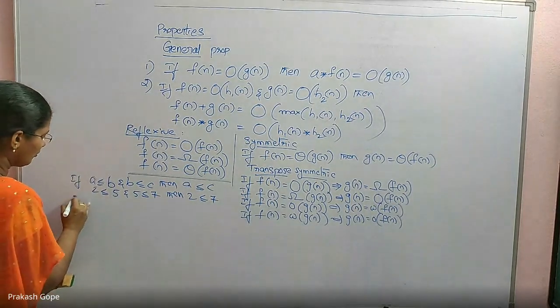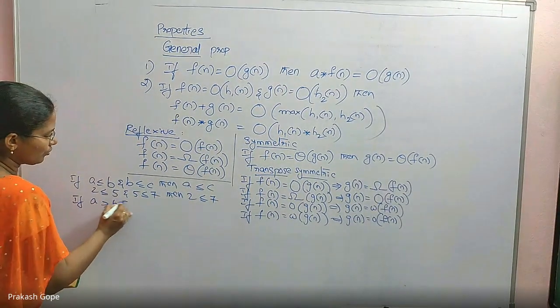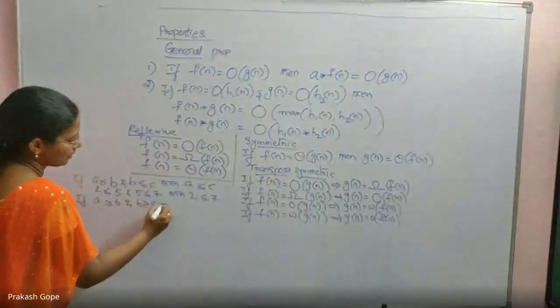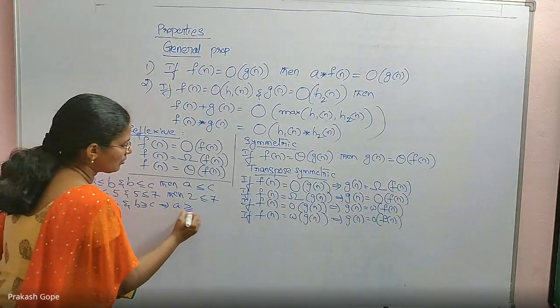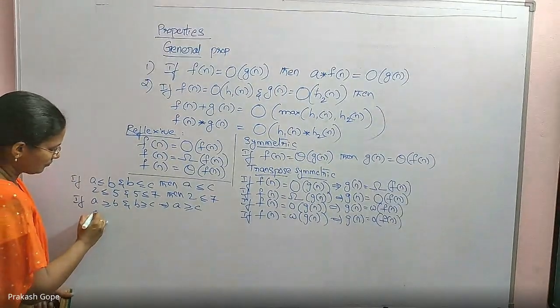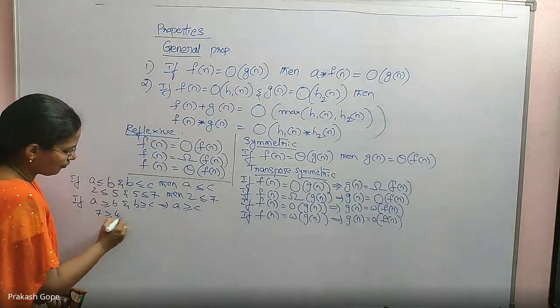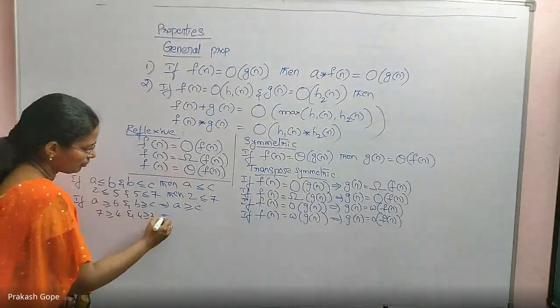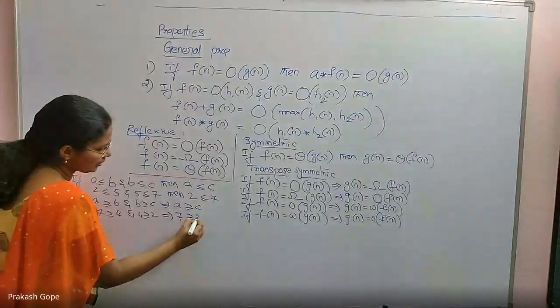Similarly, greater than or equal to. If A is greater than or equal to B and B is greater than or equal to C, that implies A is also greater than or equal to C. For example, 7 is greater than or equal to 4 and 4 is greater than or equal to 2 implies 7 is greater than or equal to 2.